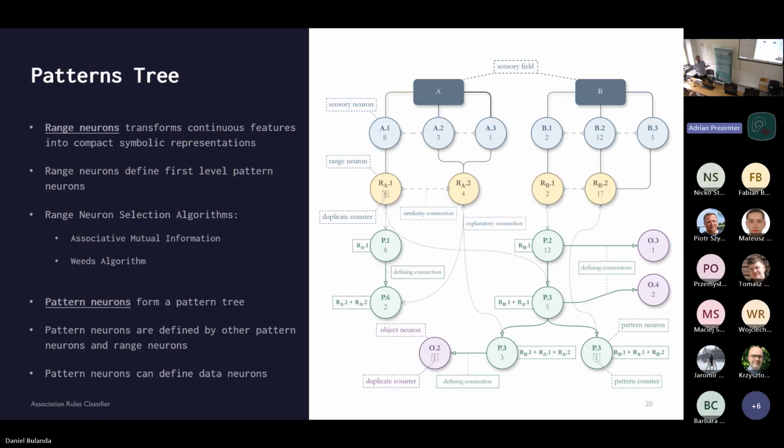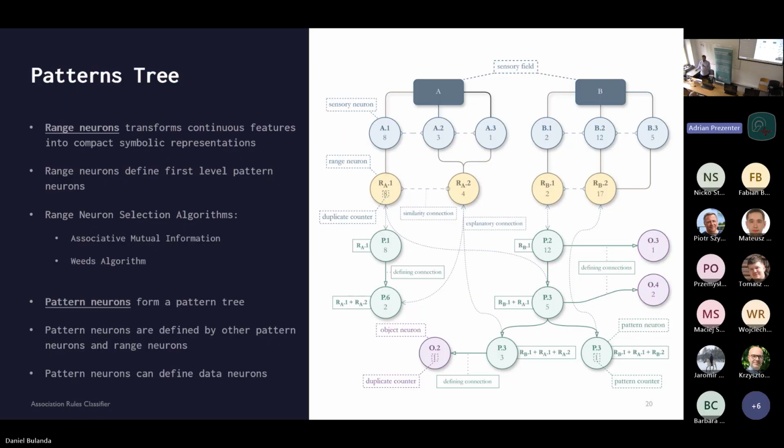Pattern neurons are some sort of abstraction over data. If we think of O2, the object neuron, as something that represents a real-life object, then pattern neurons are not directly connected to some living entity in the data, of course. They are abstractions of the data.